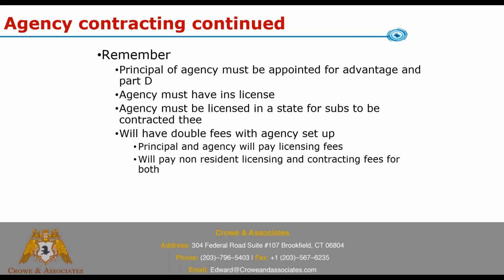And remember, the principal of an agency must be appointed for Advantage and Part D. So in other words, if you have an agency, the principal has to be contracted, appointed, and certified with any carrier you're going to collect overrides on or have agents write. This can be a problem sometimes where you have a principal who doesn't really write business anymore. They're the owner of the agency.